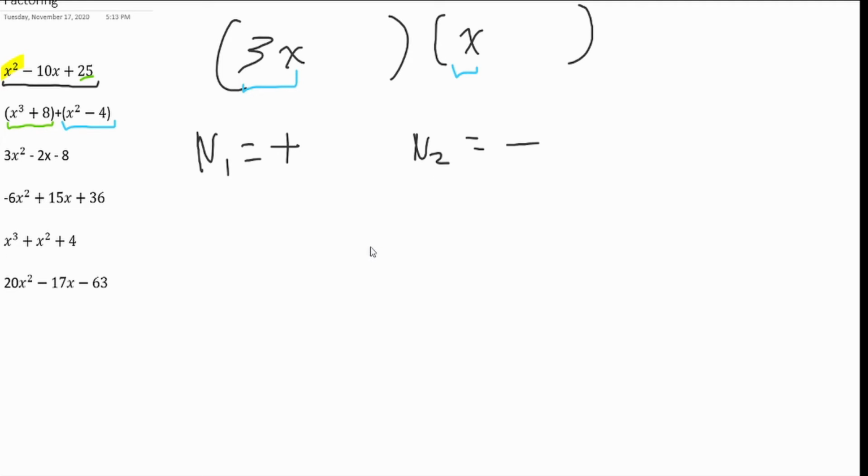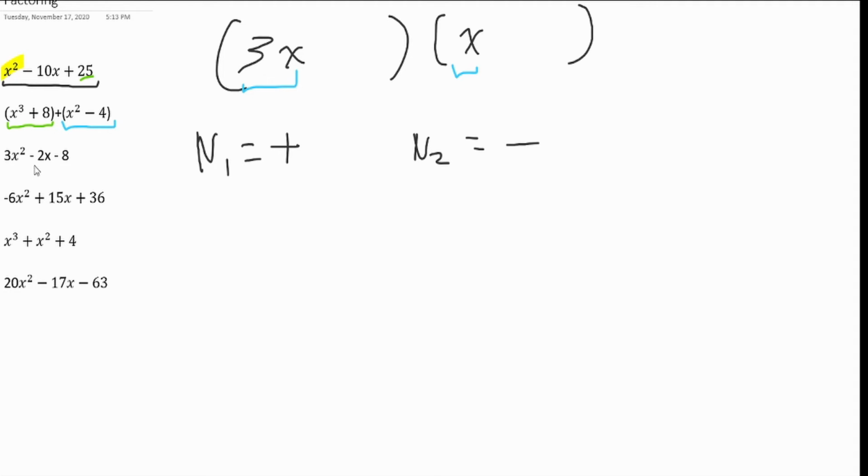Now, since we're still dealing with integers, we just have to factor 8. So 8, there's two ways of writing it. We can write it as 1 times 8 or 2 times 4. So with n1 and n2, we can just put the correct number on the correct factor on each side so that this works out.